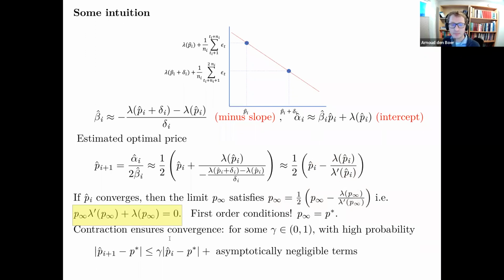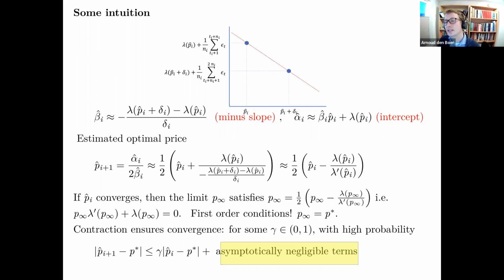Now, that's nice. And then the second part is you want to show that you do converge. And they show that by showing a contraction property: it's a dynamical system, and the distance to the optimal price is at most some small gamma times the previous distance plus terms that are sufficiently small.